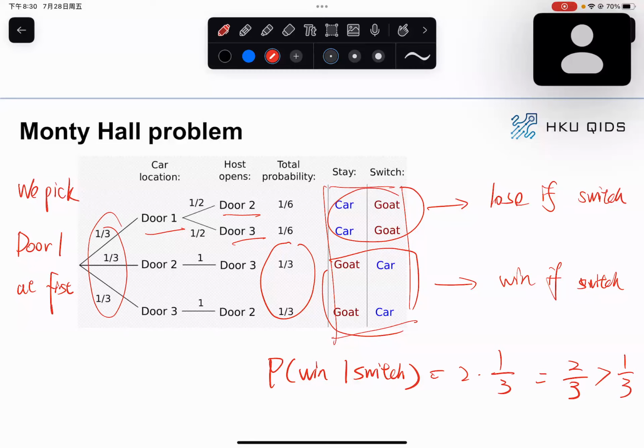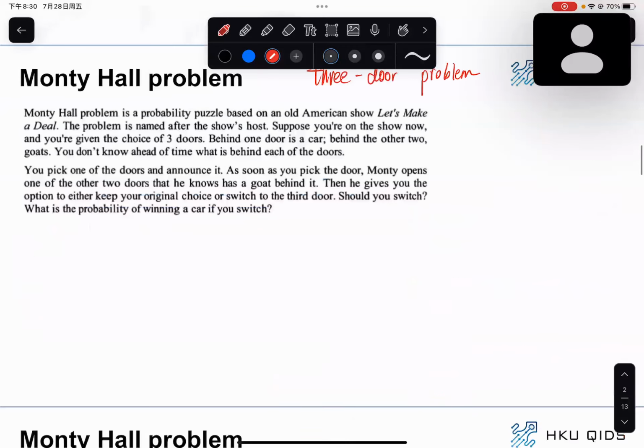But if you are in the middle of the interview, it's hard to list all these probabilities, and it will look silly, right? Is there any simple and elegant way to solve this question? There is. You need to look at the problem from a different perspective.